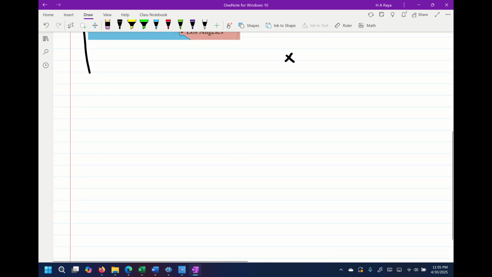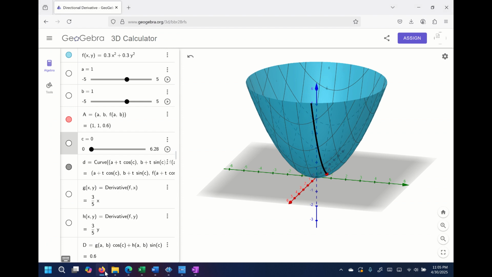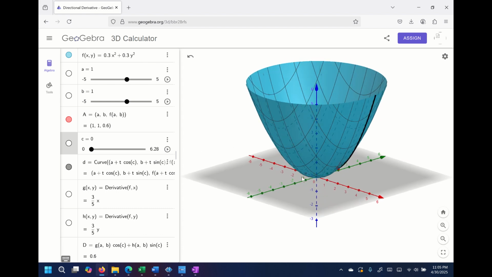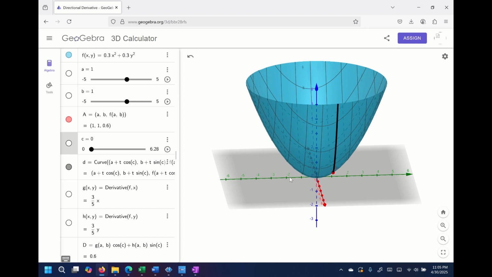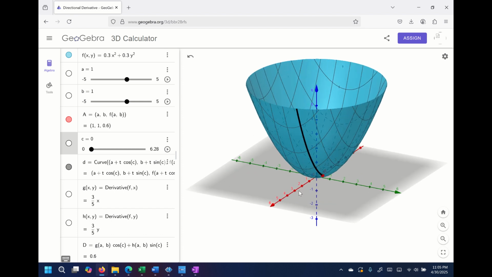Consider looking at the function f of x, y is equal to 0.3x squared plus 0.3y squared. So just a simple paraboloid. In 3 dimensions, again, we'll have the positive x-axis coming out towards you, the positive y-axis going to the right, the positive z-axis going upwards.